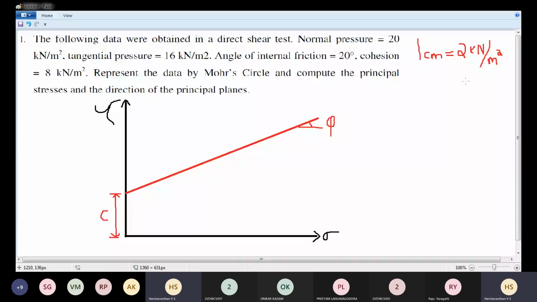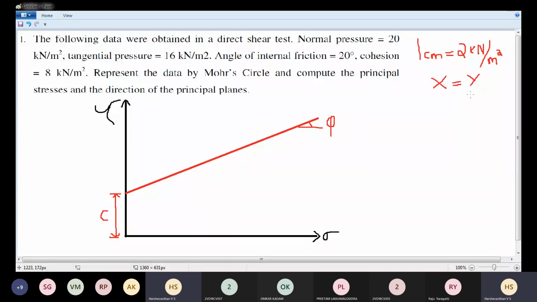I'll take this scale, and please remember the scale on the x-axis and y-axis must be the same. This is very important. You cannot take different scales on both the axes. If you keep a different scale for the y-axis, 1 centimeter is equal to 2 kilonewton per meter square, and for the x-axis, 1 centimeter is equal to 1 kilonewton per meter square, the answers you will get will be wrong.